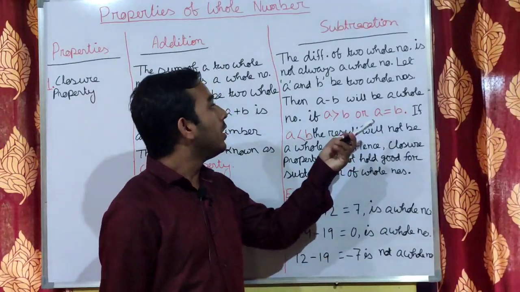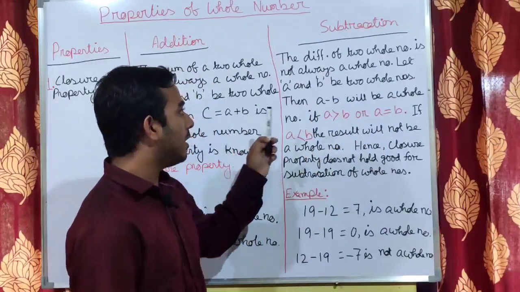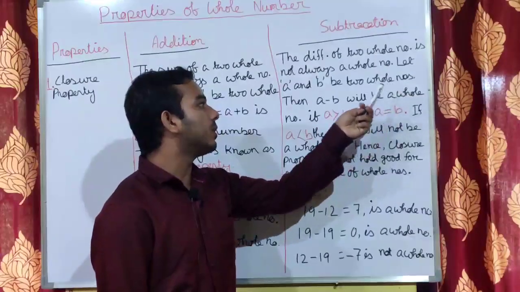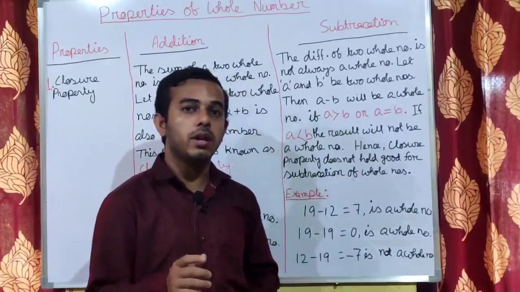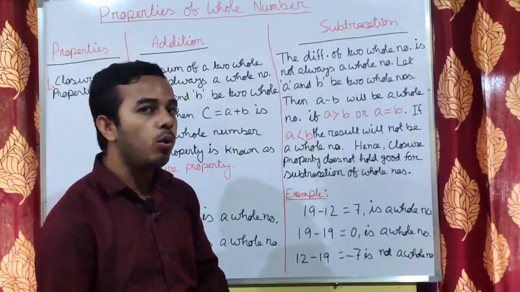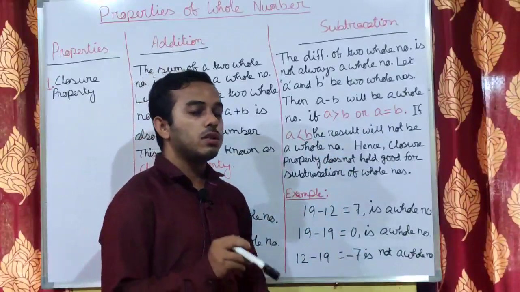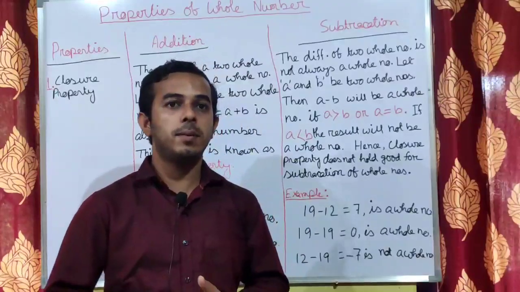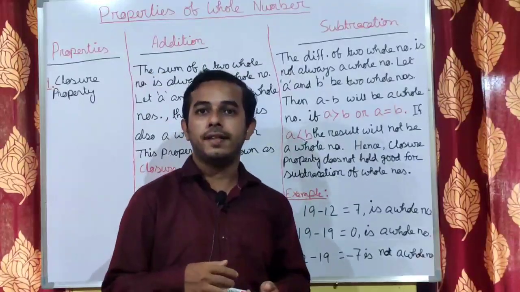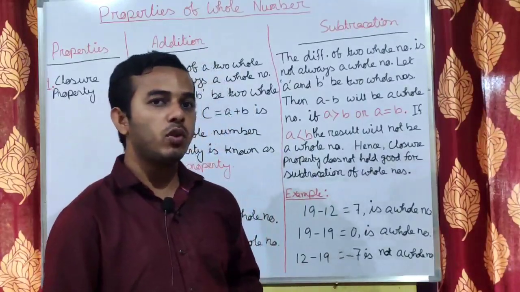So look how. Let a and b be two whole numbers. Then a minus b will be a whole number if a is greater than b. Suppose consider a whole number 7 as a, and another number b as 4.